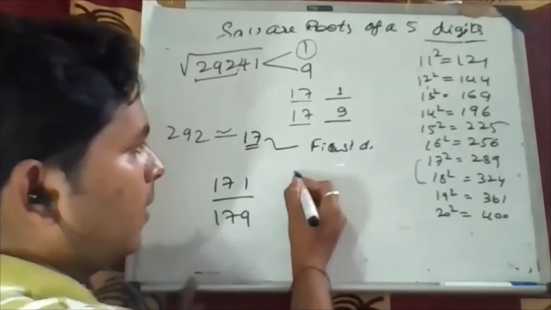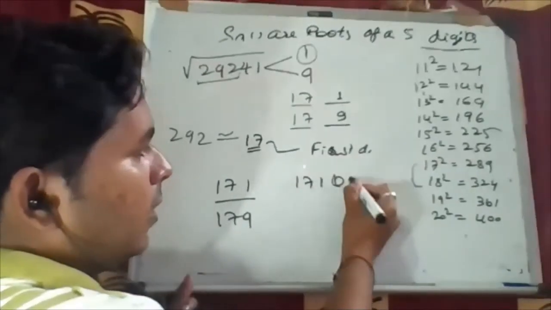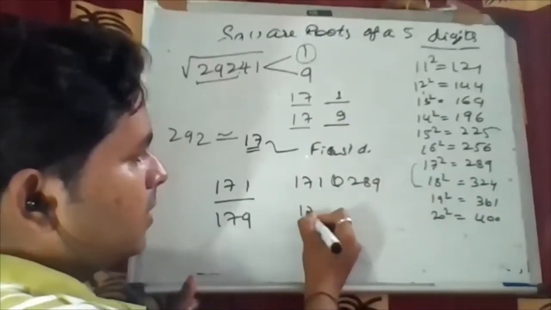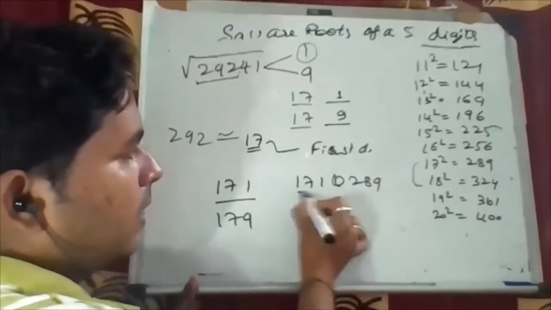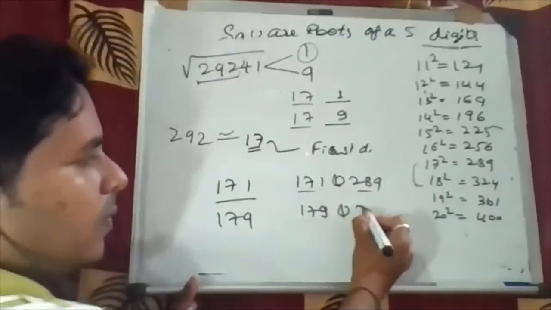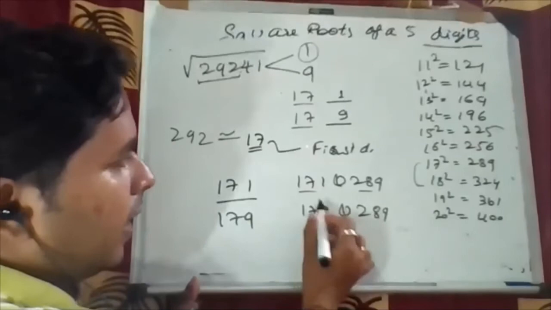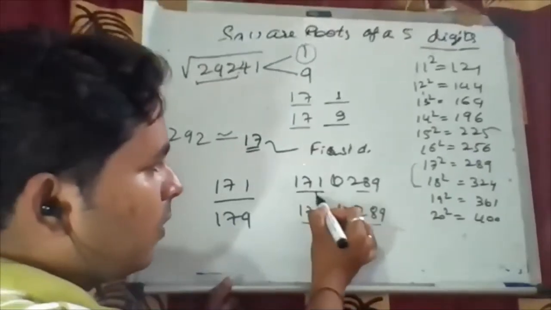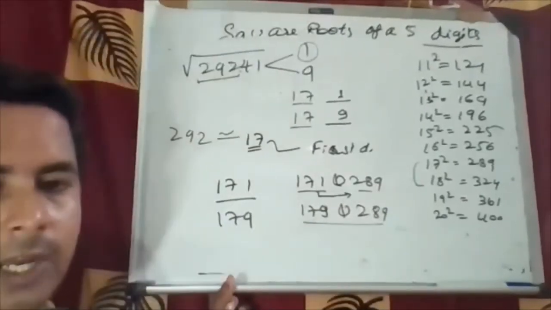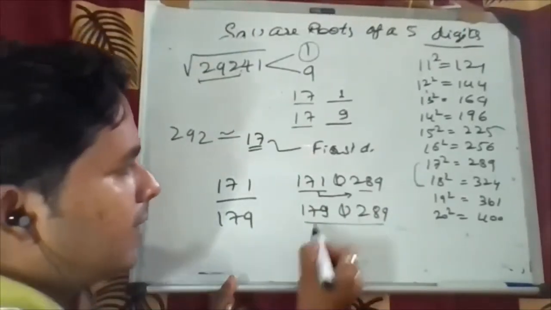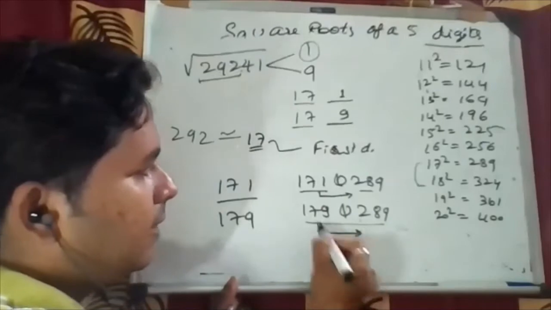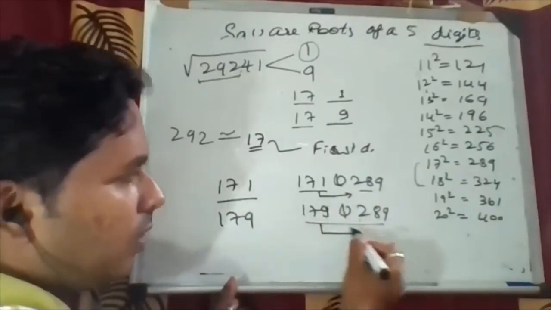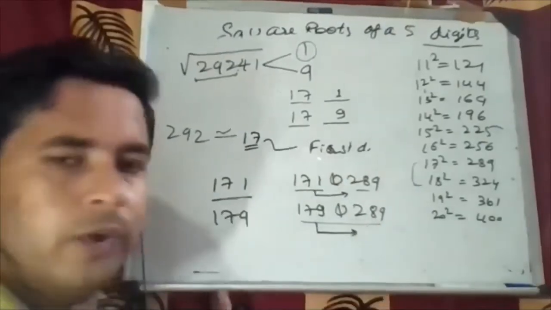If you compare 179 and 289 with 171 and 289, and compare both pairs, then 171 is more near to 289. And 179 is 8 smaller, it will come a bit lower than 281.